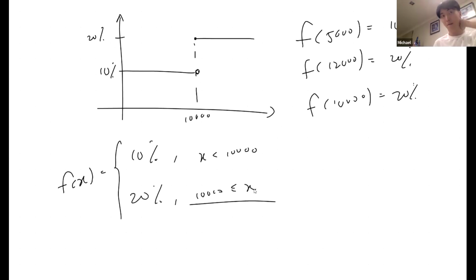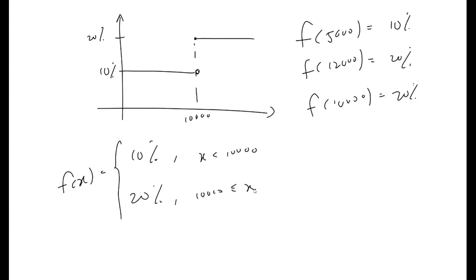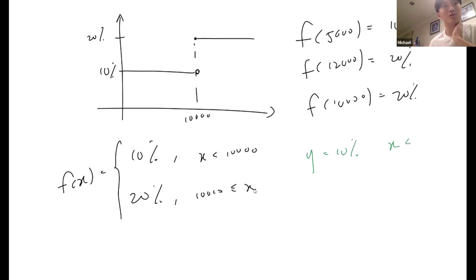So that's a very basic piecewise function. In terms of a graph, you could roughly, informally represent this like this: y equals 10% for x smaller than whatever, and y equals 20% for x bigger than whatever.